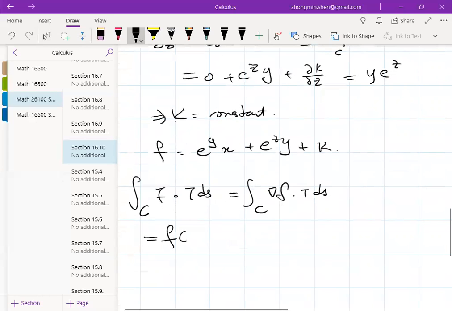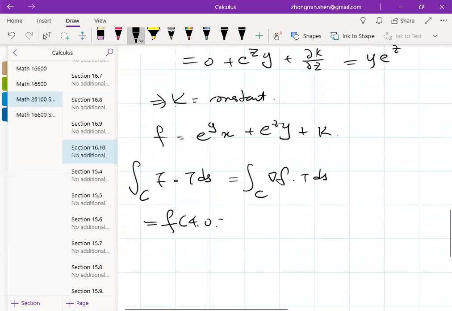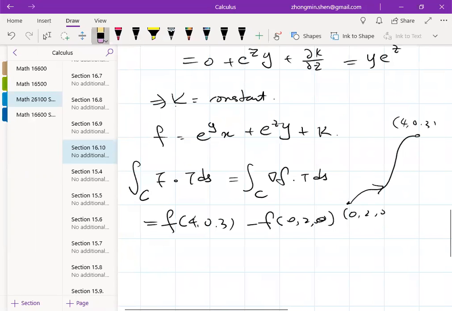The difference at two end points: one is 4, 0, 3, the other one is 0, 2, 0. So this is a curve here, and those are the 2 points, 4, 0, 3, and this point 0, 2, 0. We go in that direction. I drew the curve as actually a straight line. Let me draw the straight one. Sometimes you're given a very bad curve.